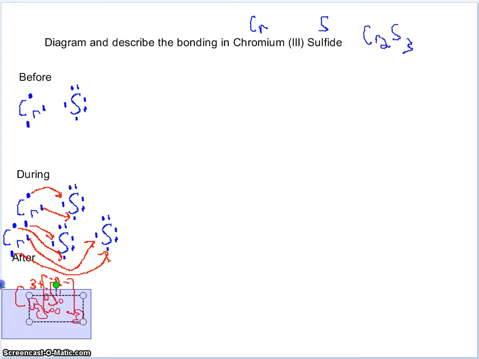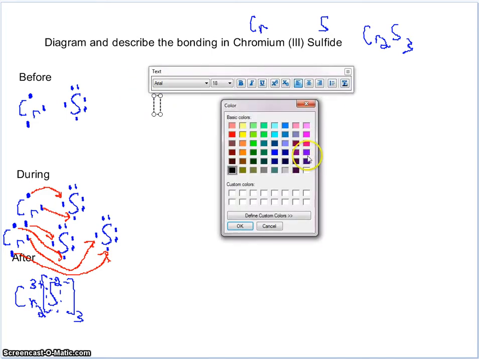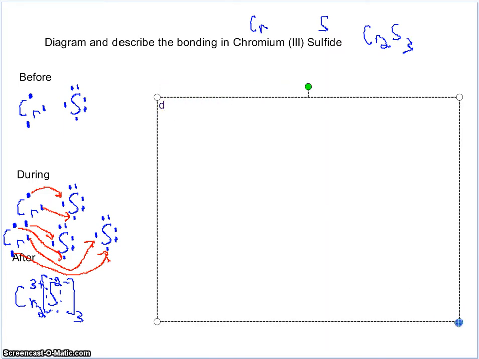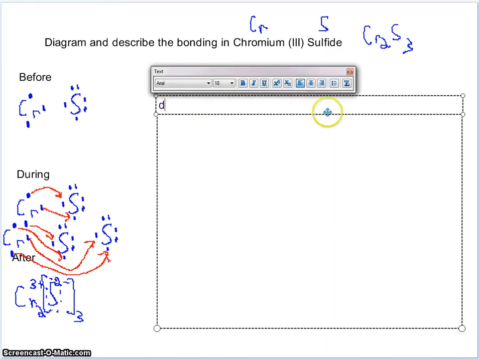So now I need to do an explanation, and I need to make sure to include all the right things. So first thing I want to talk about is the electronegativities, right?